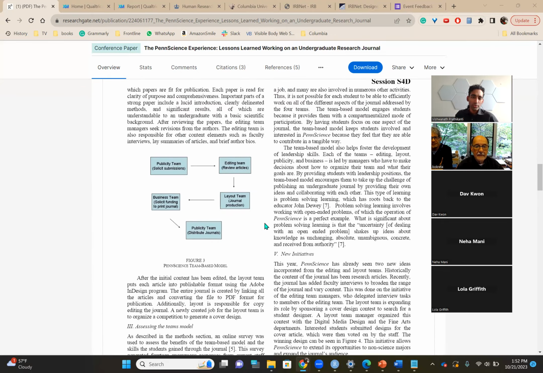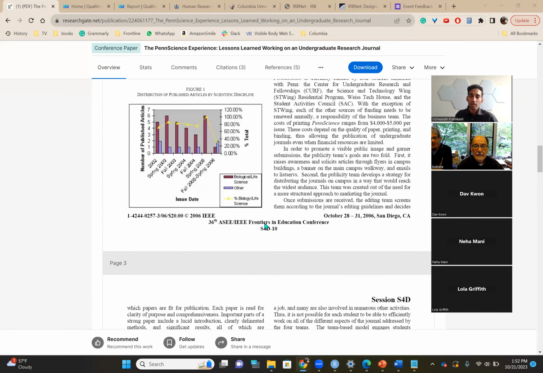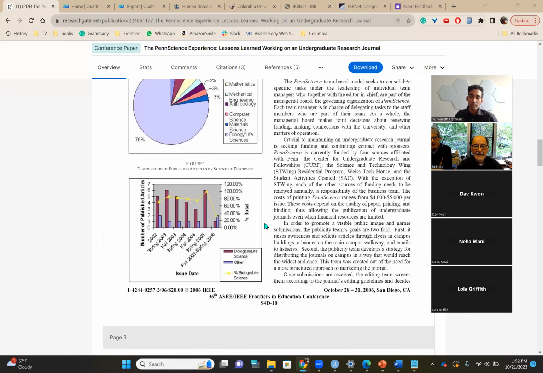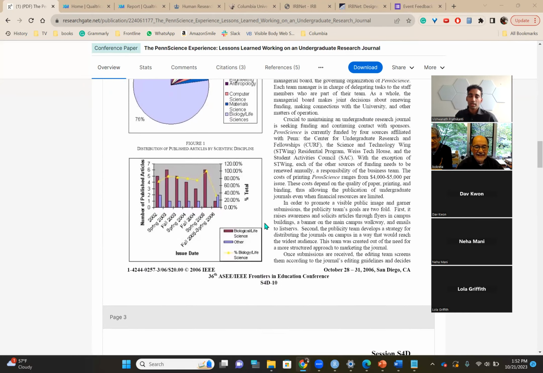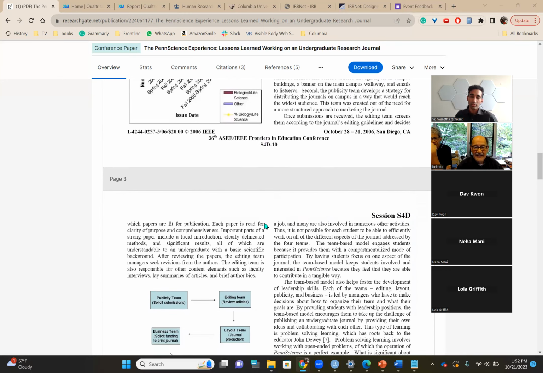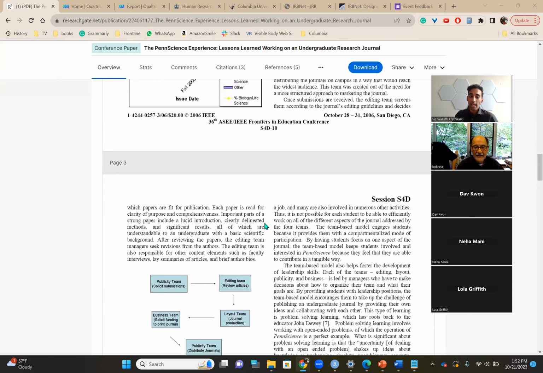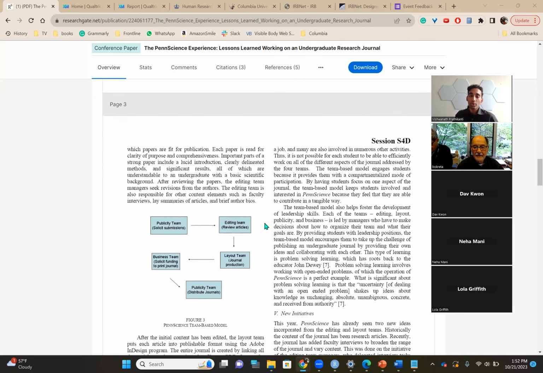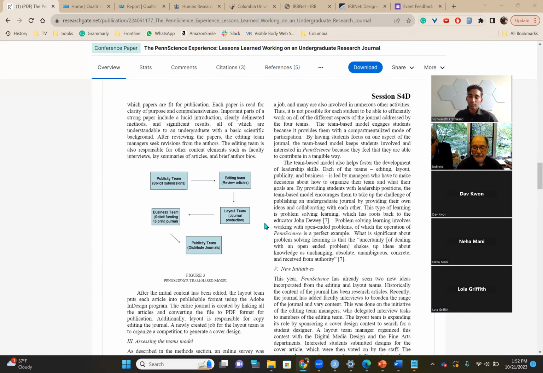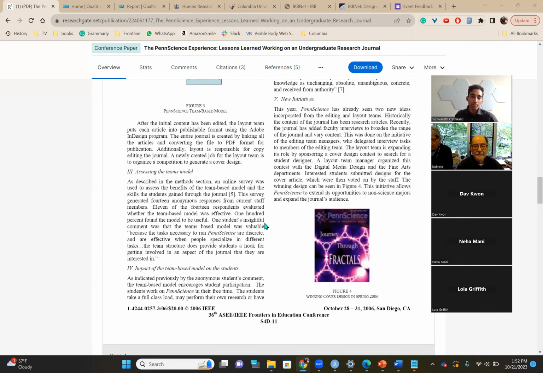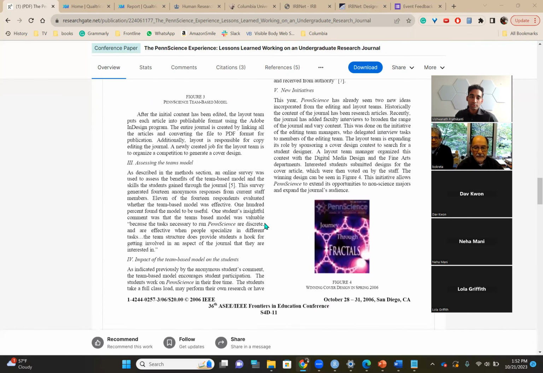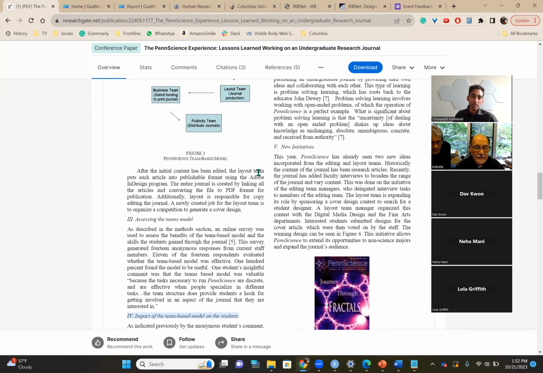A lot of the first part of this paper provides background on how the journal is run, which every paper like this should provide, since most undergraduate research journals are very different from each other. Later, they have sections about the impact of these different models that they want to assess.